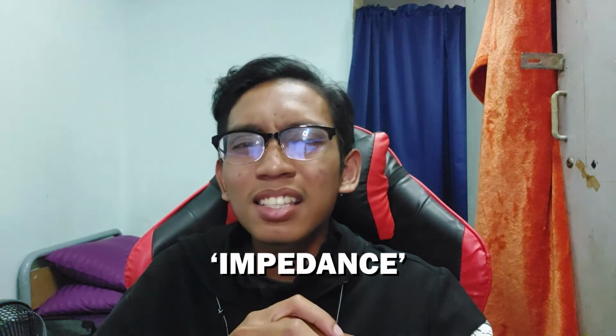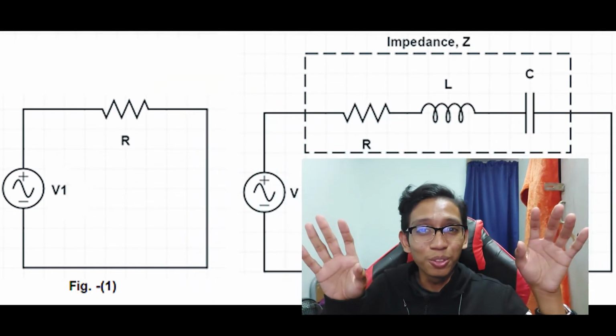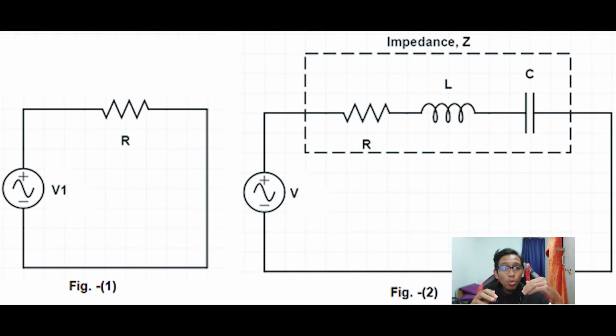So, what is impedance? I know that most of you are familiar with the word impedance. But what does it actually do in the AC circuit? It slows down the electrons in the circuit. The distinction is that impedance causes a phase shift in the electrical circuit, but resistance does not do that.